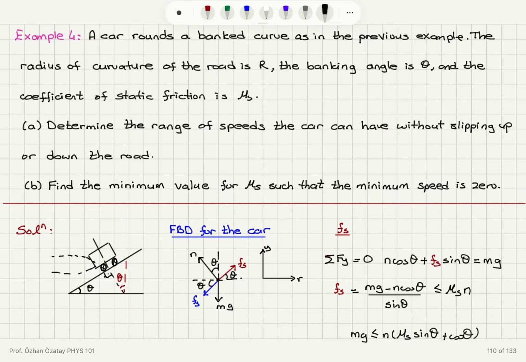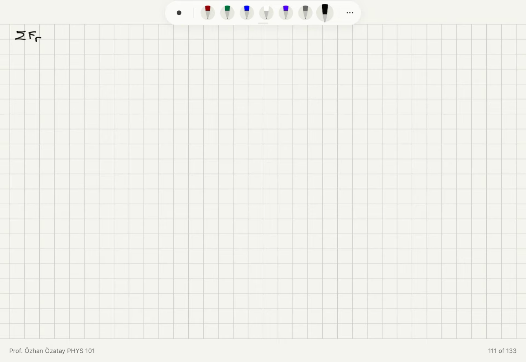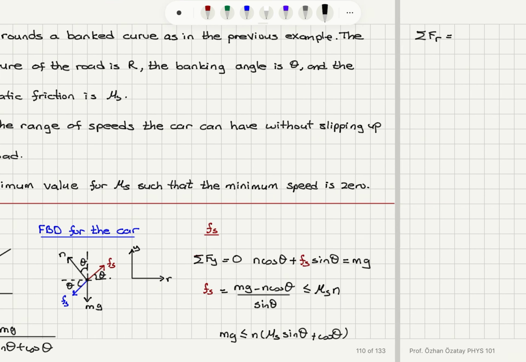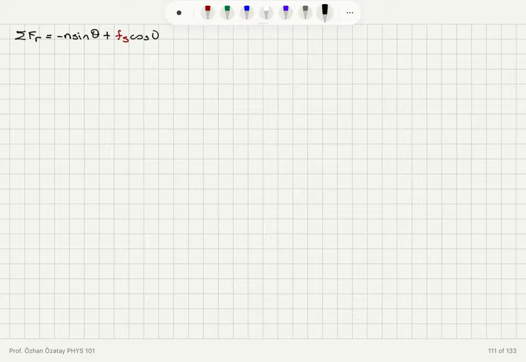Now I'm going to write the net radial force acting on the car. So the net radial force Fr will be, as you can see, n sine theta is pointing towards the center, so it's minus n sine theta r hat. And then I have the static friction, the red one, that is pointing radially outwards, so this would be a plus Fs cosine theta.